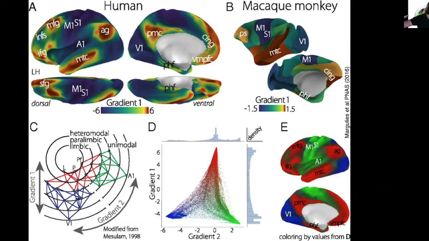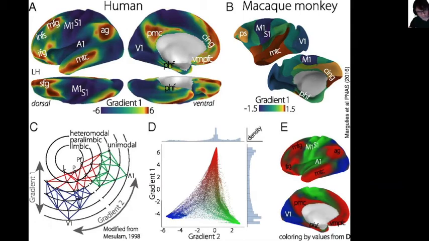You have V1 and A1, primary visual and primary auditory areas, and they converge towards the limbic and paralimbic system. In this mathematical representation of functional connectivity, he got this first gradient and this second gradient, and you can see that they merge toward the red regions, which happen to be in the heteromodal, paralimbic and limbic regions.